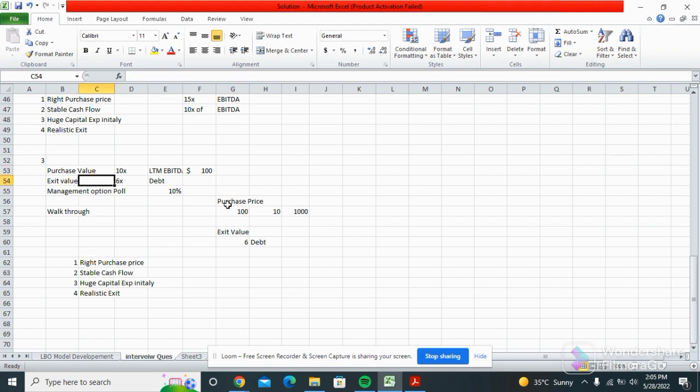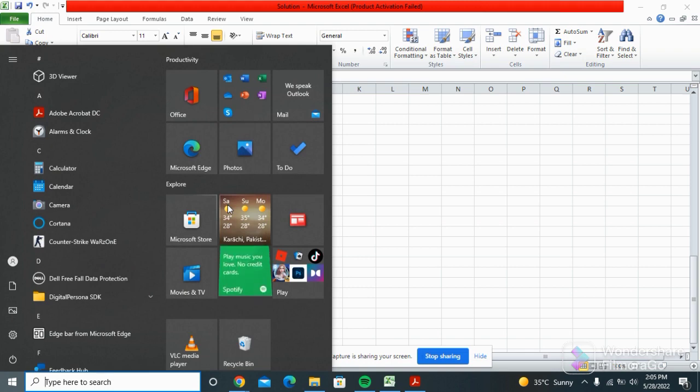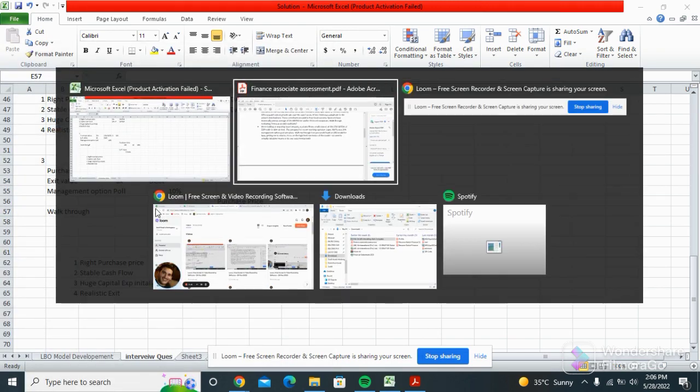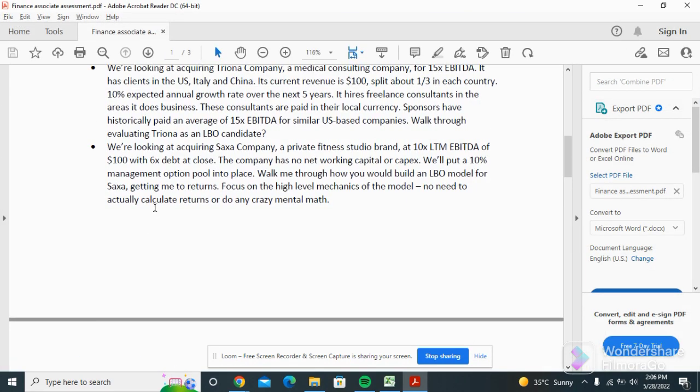So it would not be a better LBO candidate, because this is not a realistic exit, as I mentioned in my last point, that there should be a realistic or suitable exit. So I would say that the Saxa company is not a suitable LBO candidate for us. Okay, thanks.